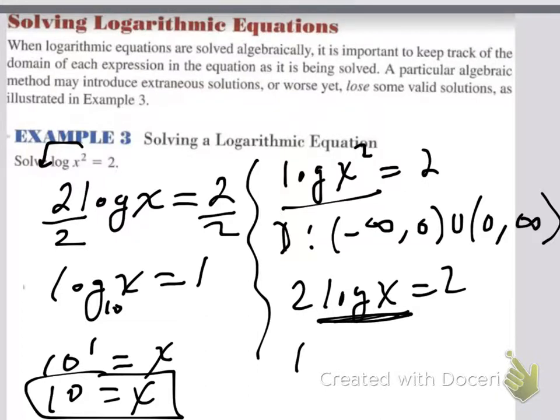We know that x has to be greater than 0, so here the domain is going to be from 0 to infinity. Essentially by moving this 2 out in front, I change my domain, and in doing so I end up losing a solution.